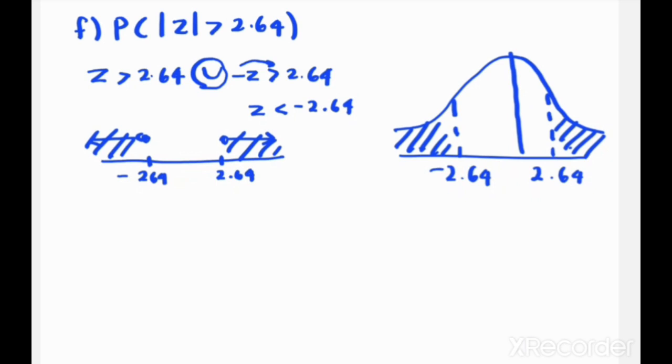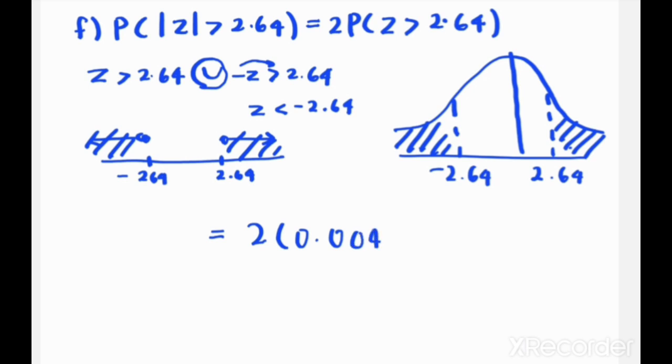That's why when we want to find this probability, we take 2 times P(Z > 2.64), because we need to read the table, which is only for positive Z. So when you read from the table, you get 2 times 0.00415, which equals 0.0083.